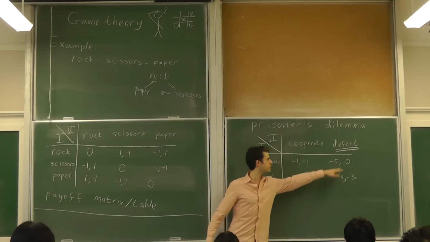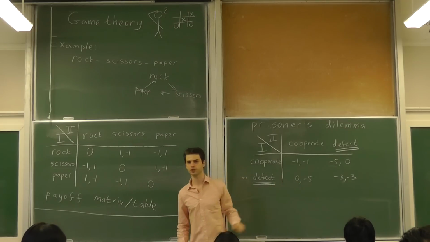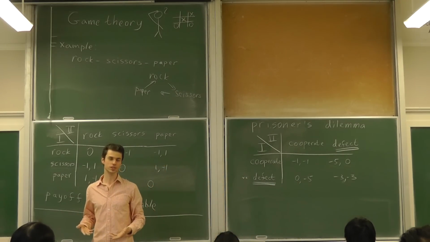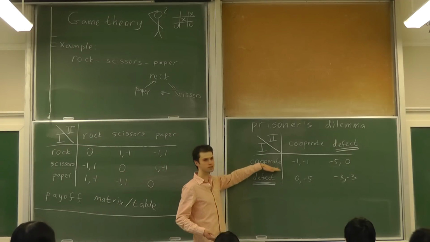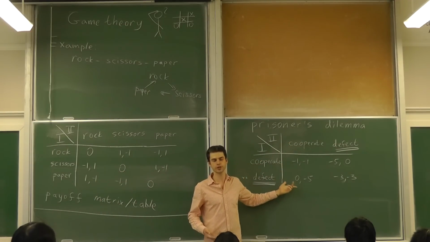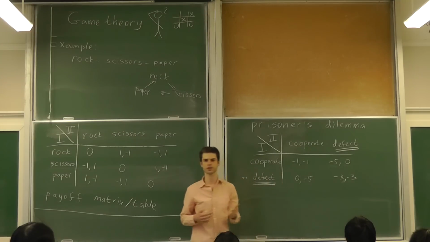And that's exactly the payoff matrix. And the question is, what is a rational agent to do in this case? And the answer is, never cooperate. It's just worse for you to cooperate regardless of what the choice of the other guy is.